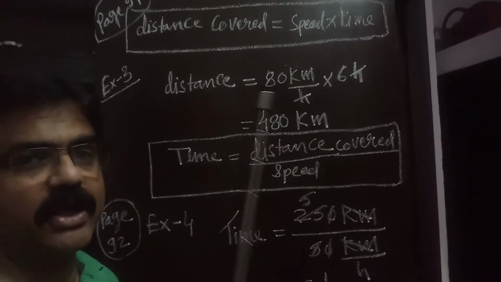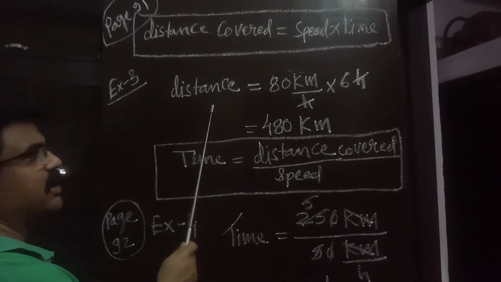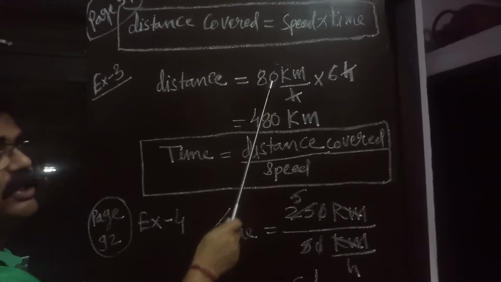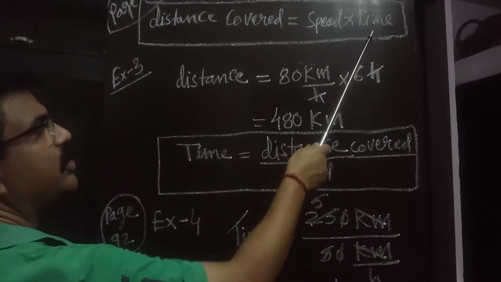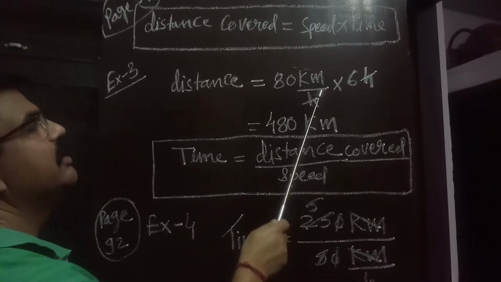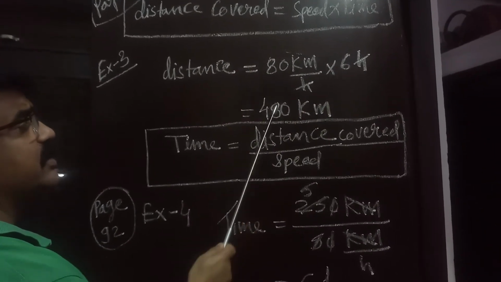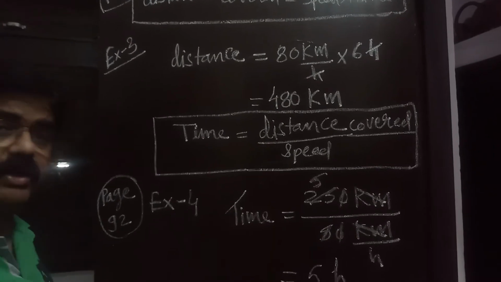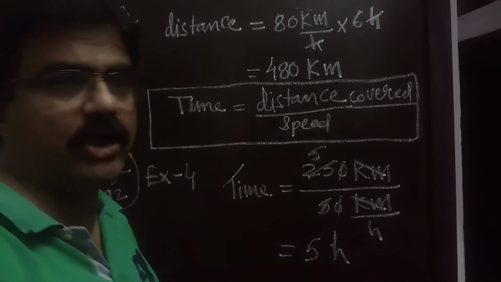So distance traveled, in place of speed you will write 80 kilometer per hour into time 6 hour. Hour will cancel, you get 6 8 ja 48, 480 kilometer. So the distance between Lucknow and New Delhi is 480 kilometer.